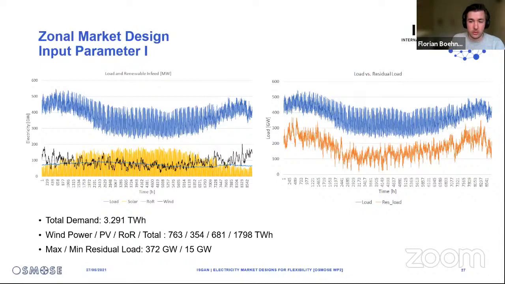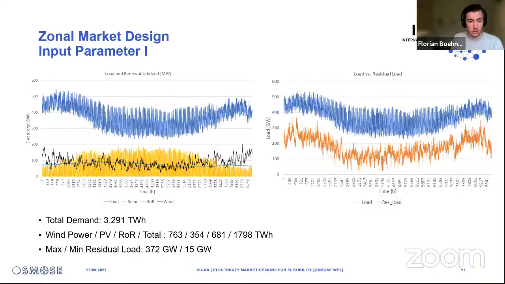What can we learn from this plot? We see that the residual load on a European scale does not go negative, which we see today on country level for some countries in some hours. It does not happen with this input data. On the other hand, we see that it floats between 15 gigawatts, so close to 0 in terms of the whole European energy system, and 372.